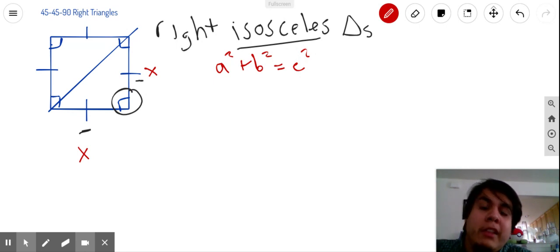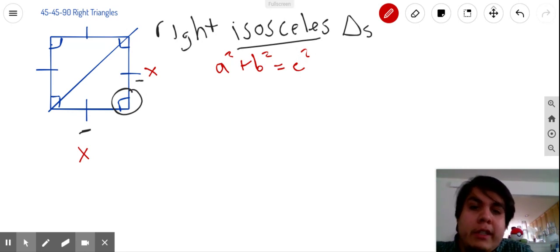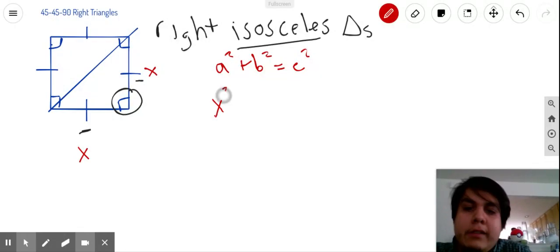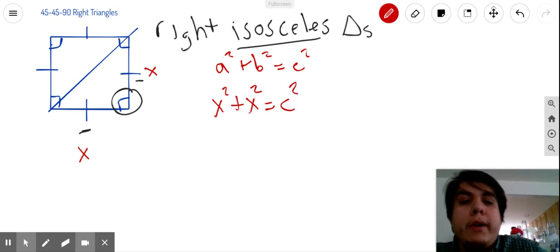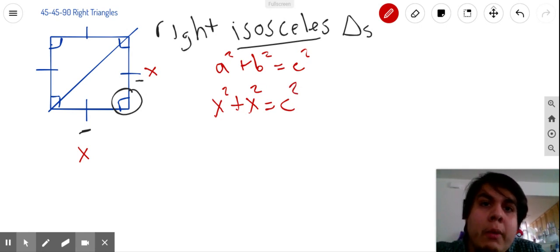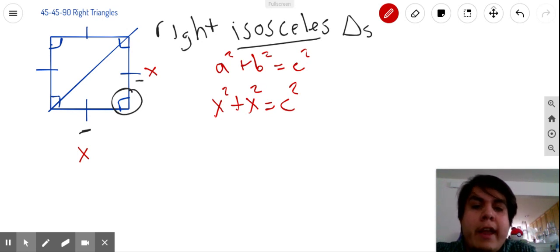A and b represent the legs in my triangle, which in this case are x and also x. And that's supposed to equal my hypotenuse squared. So if I add those two on the left side, I end up with 2x squared equal to c squared.